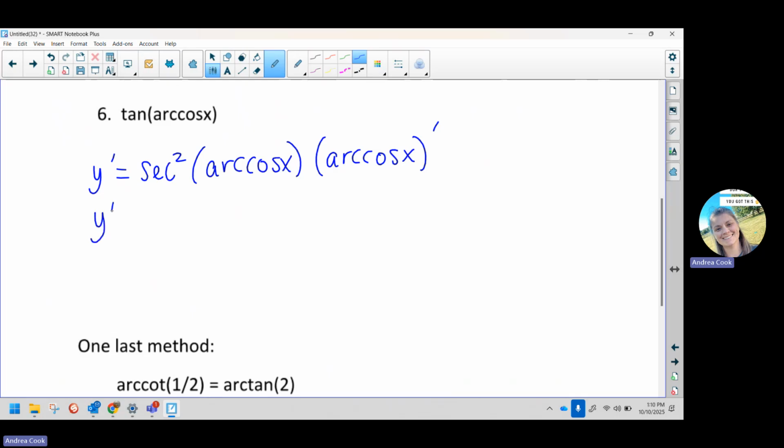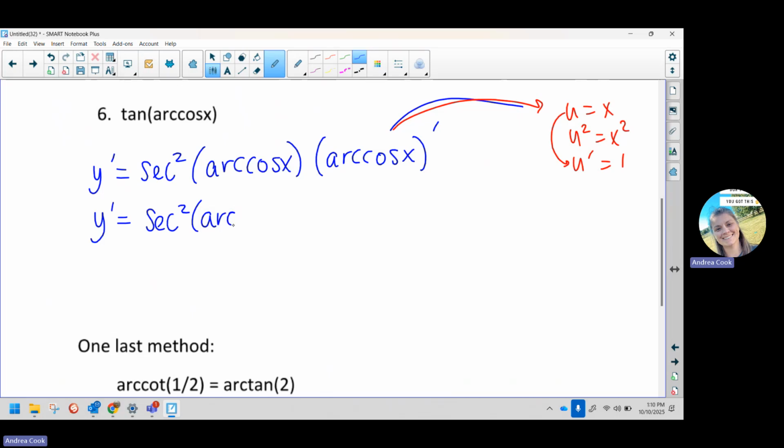Because it's just x, u is x, which means u squared is x squared, and u prime is just 1. So my derivative is secant squared of arc cosine x.